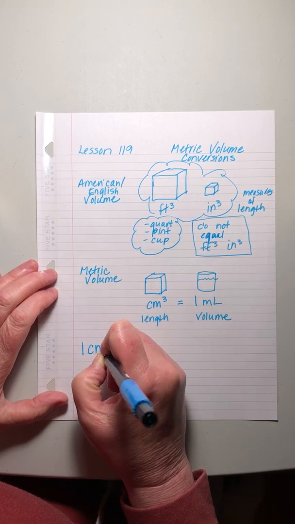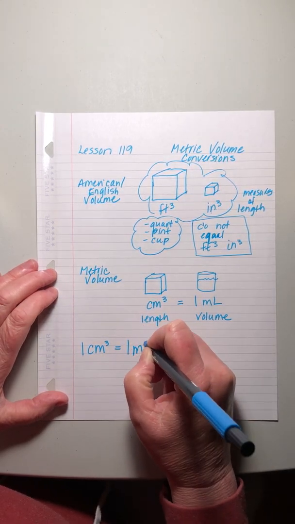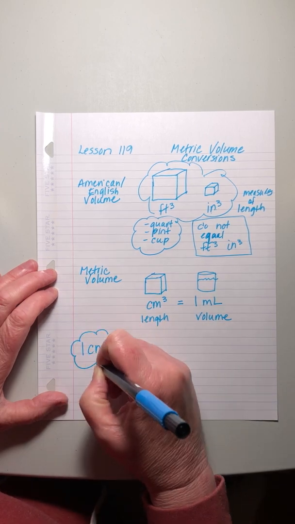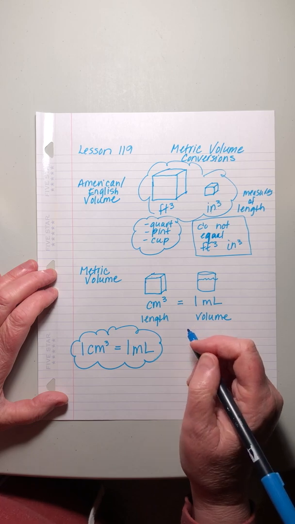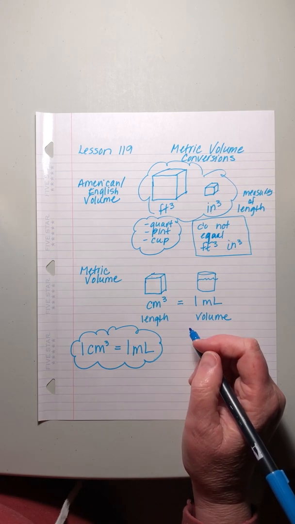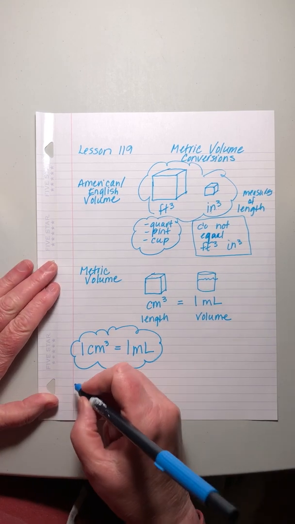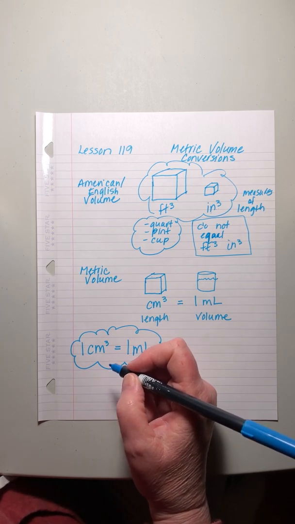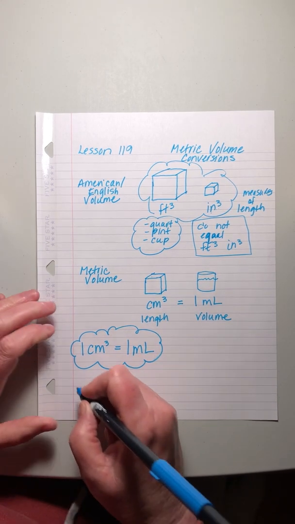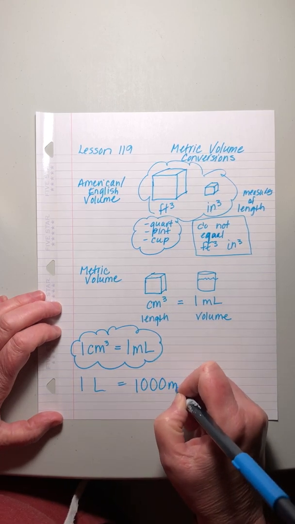What you need to know is that 1 cubic centimeter equals 1 milliliter. We're going to use that. And then the other version of it is that 1 liter equals 1,000 milliliters.